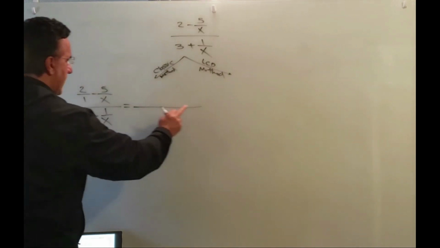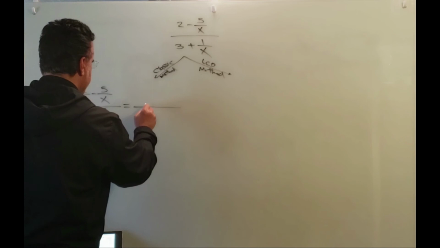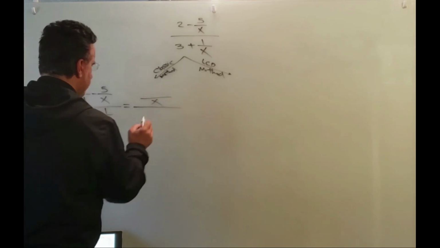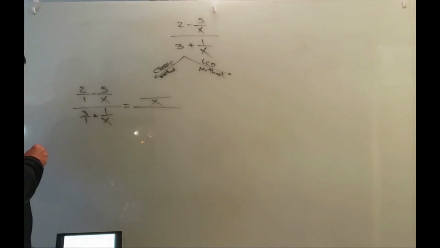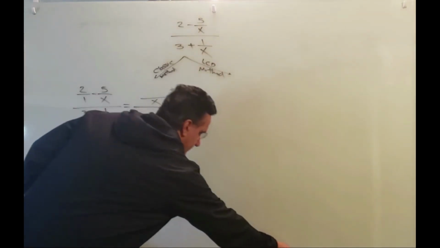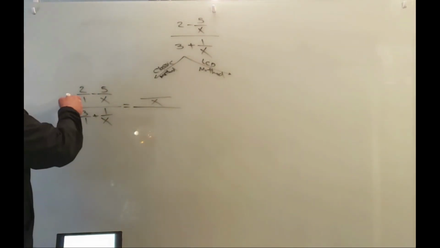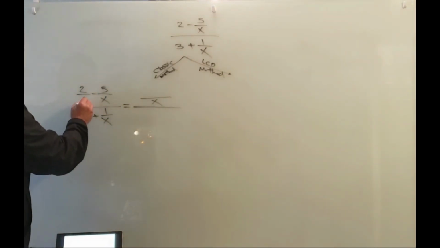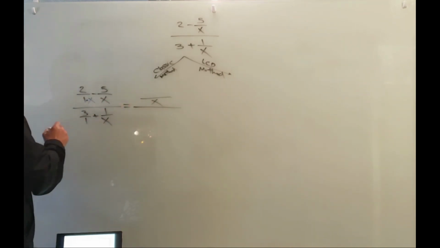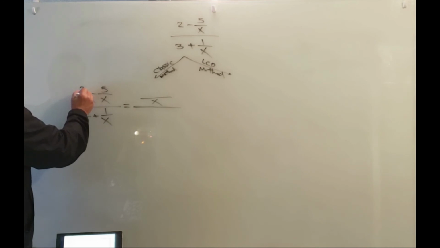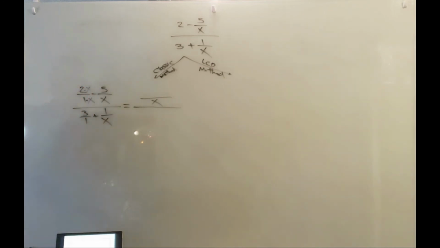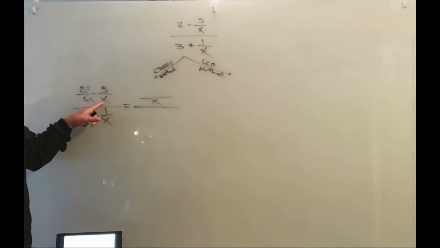It's just x. Notice that the denominator, which is 1, you're going to have to multiply by x to turn it into the common denominator. And the top needs an x factor as well. This denominator is already x. We don't need to do anything with that one.